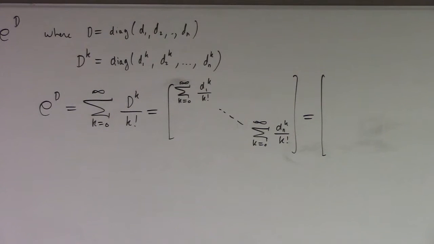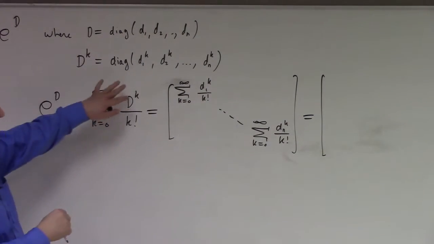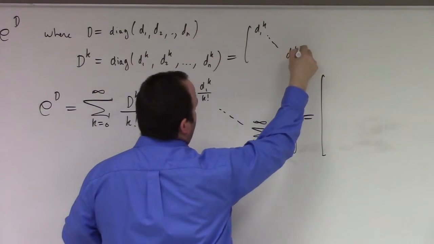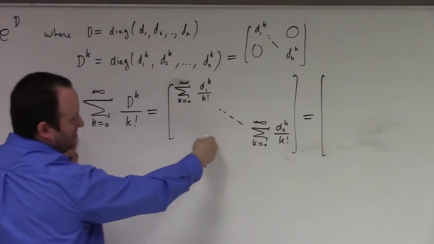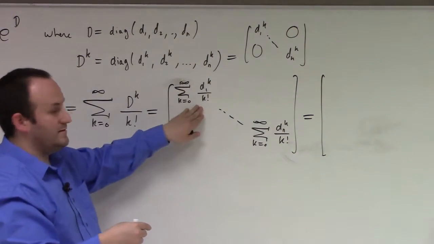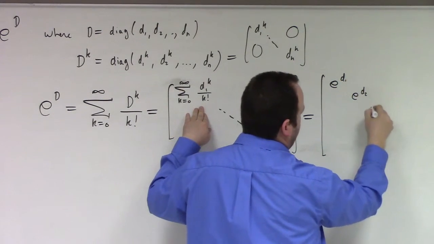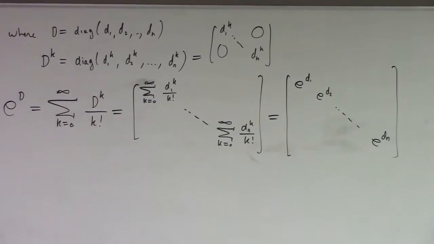It's a diagonal matrix, so everything else is 0. So D to the k is just D1 to the k, up to Dn to the k, zeros elsewhere. You guys know your calculus too. This is e to the D1, e to the D2, just the ordinary exponential series. In other words, the exponential of a diagonal matrix is the diagonal matrix of the exponentials.